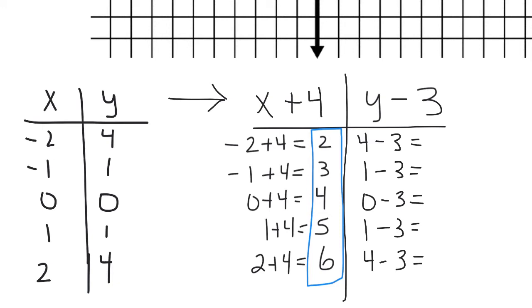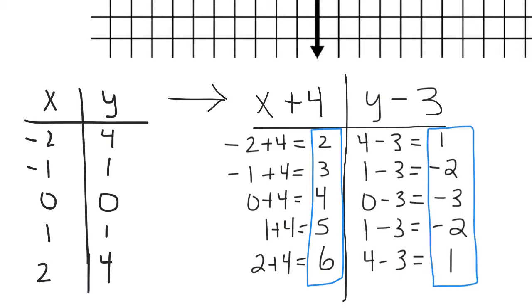So that's going to leave me with values of 1, -2, -3, -2, and 1. So these are my brand new y values. Together, these x and y values represent the brand new coordinate points that you are going to go ahead and plot onto your grid.